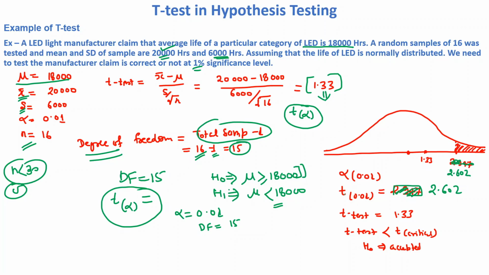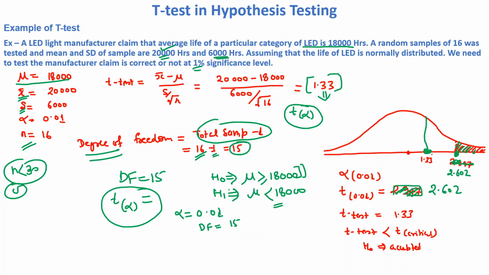So the t value corresponding to this alpha is 2.602, and the t-test value is 1.33. If we plot it here, this is your critical region, and this value does not reside inside the critical region.